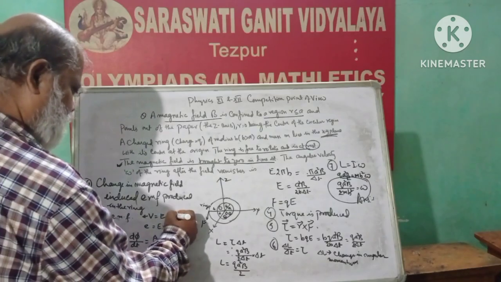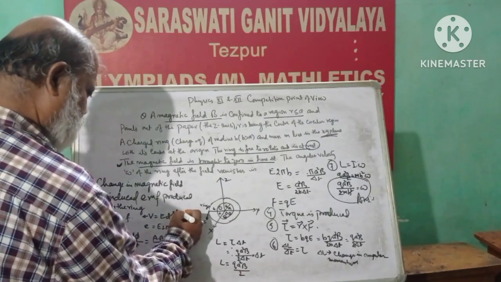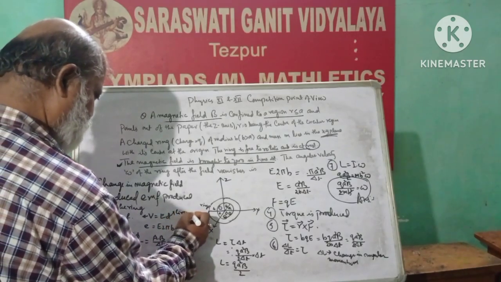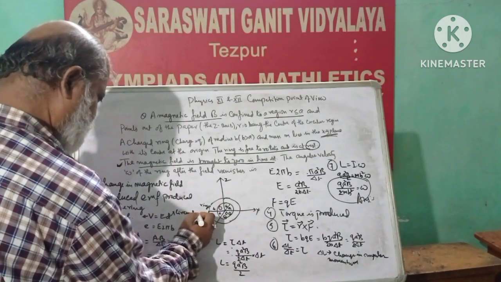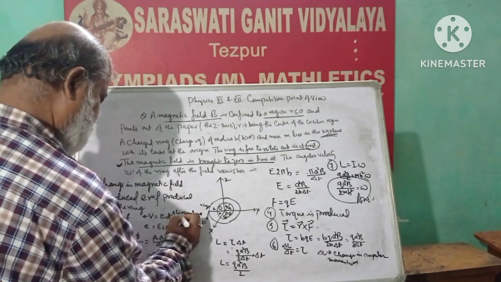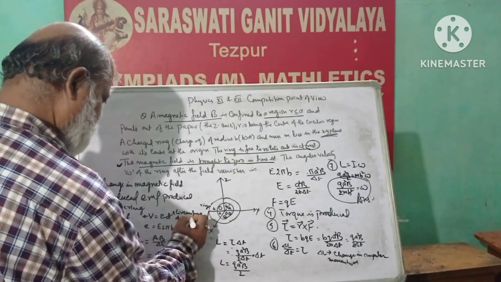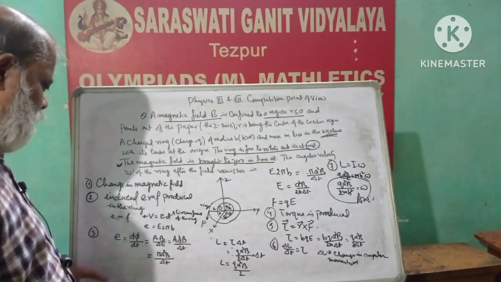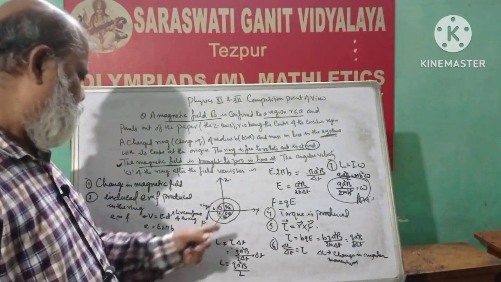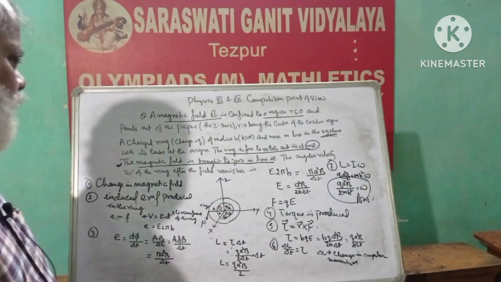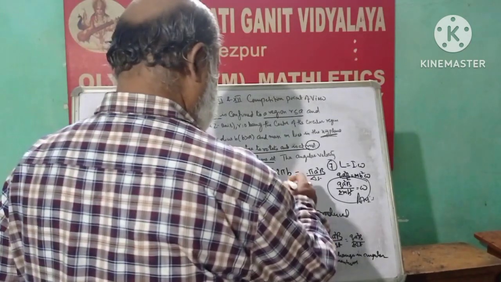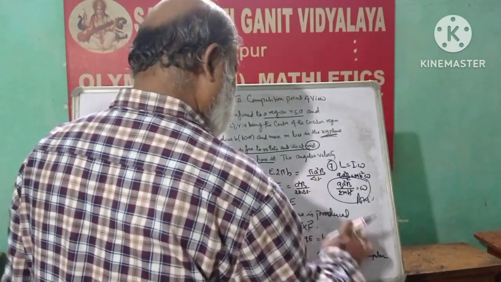So here the distance is the circumference of the ring, but here it is the area, and the area of this magnetic field is pi a square. So now I think everything is okay.